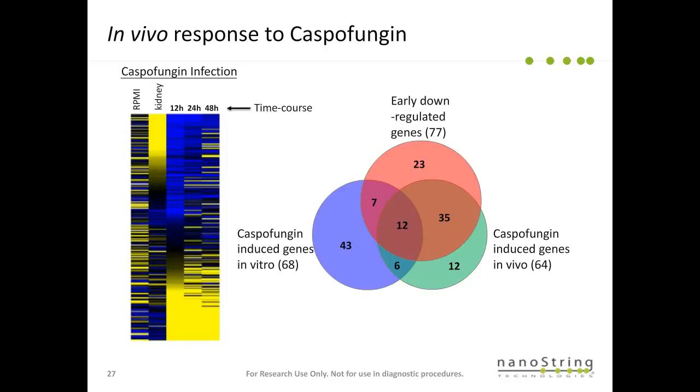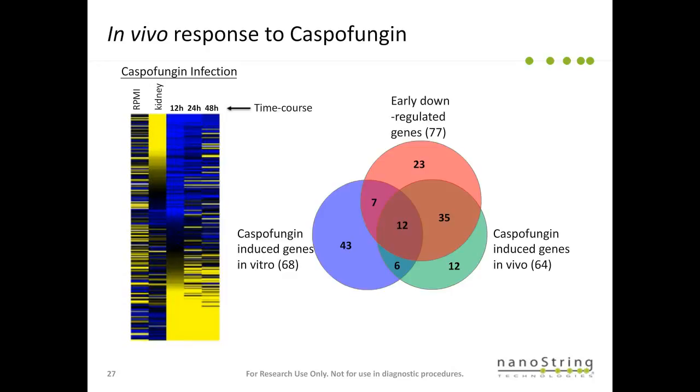By that we mean cells grown in a test tube, in a flask, in RPMI at 37 degrees with serum present. And there are about 64 genes that are induced in vivo. However, there is only a small overlap of genes commonly induced in both conditions. There are actually 18 of those that are induced by the drug in both in vitro and in vivo.